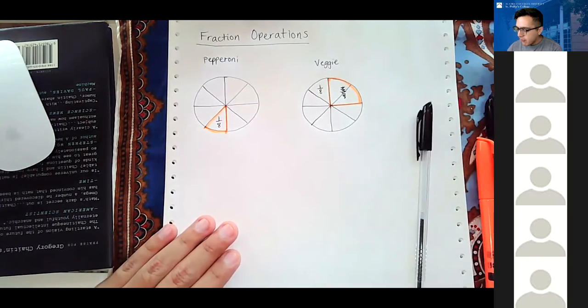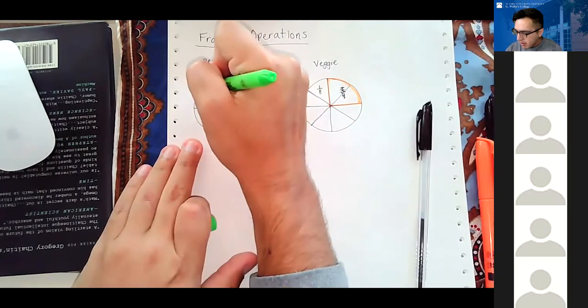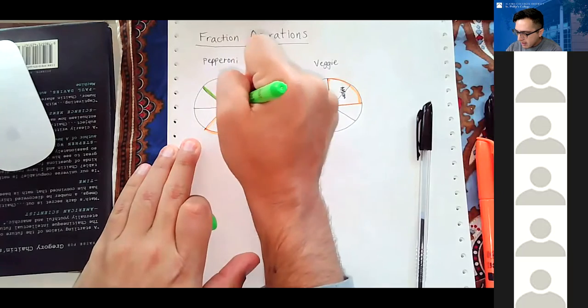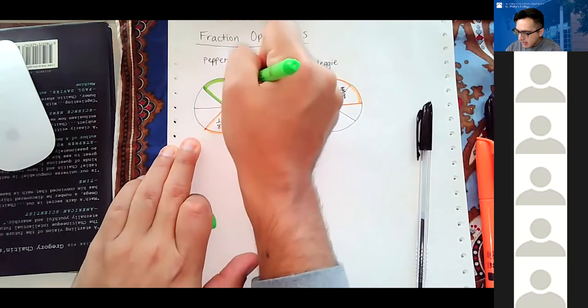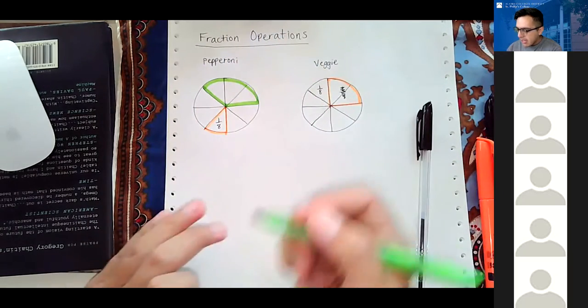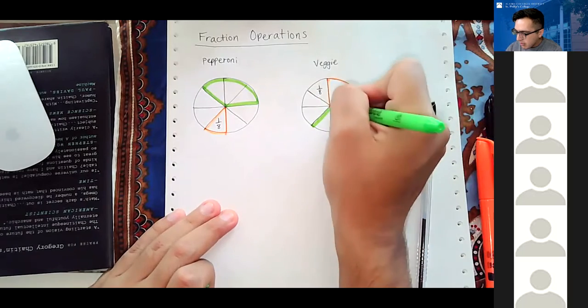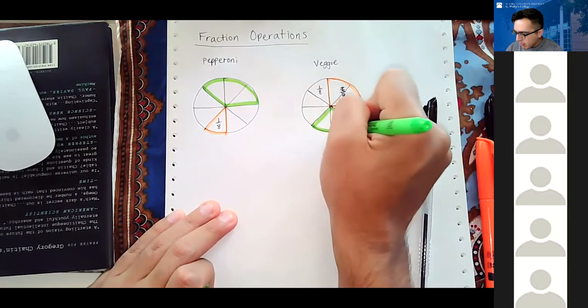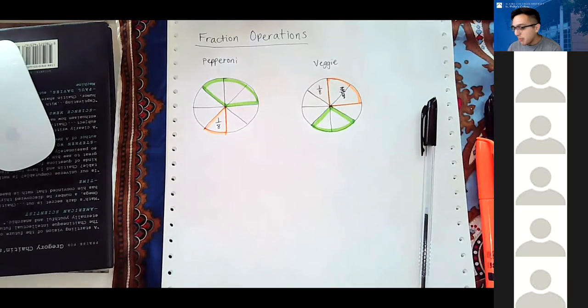So if I had, let's say, 3 of these slices that I was going to eat, and then I took 2 of these veggie pizza slices because, you know, maybe I've run a lot of miles, I've earned the carbs that I'm about to ingest.